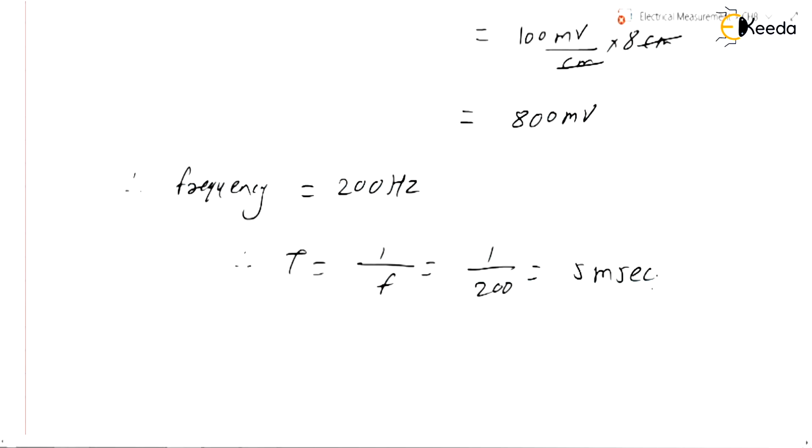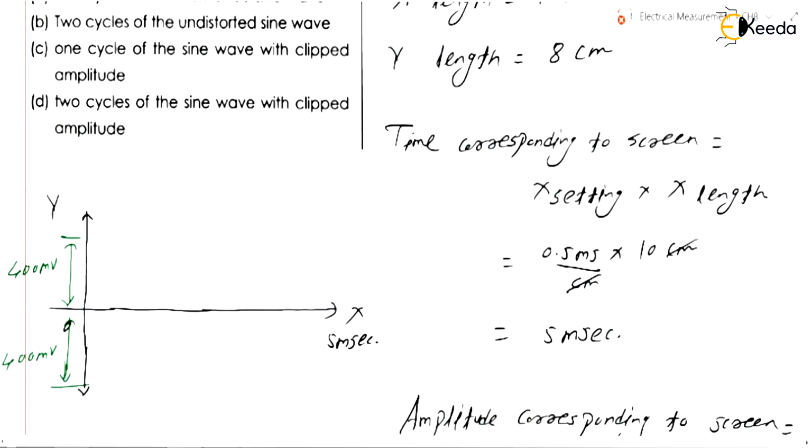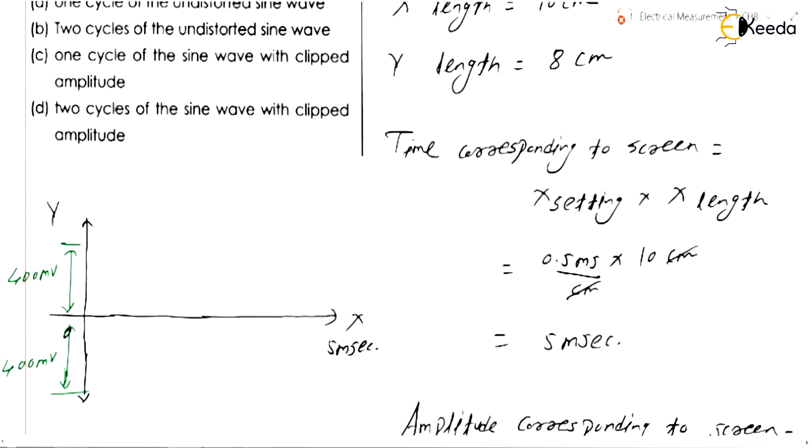So for completing one cycle it is taking 5 millisecond, and the total time is also 5 millisecond. So how many cycles will we get? Only one cycle.